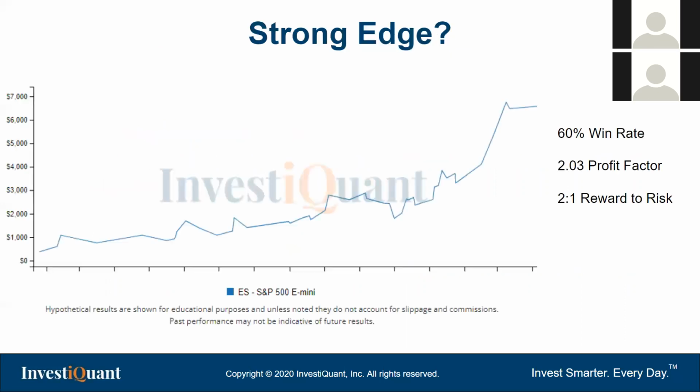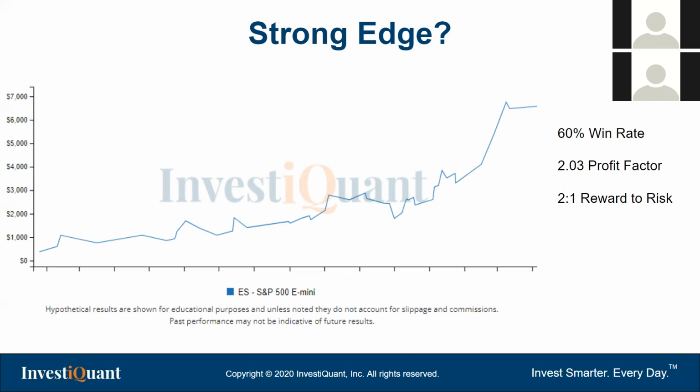All right, so let's take a quick look here at an example and tell me, do you think this is a strong edge? So this is a strategy for the S&P 500, trades the ES. It's got a 60% win rate, a profit factor, which is a measure of profitability, of 2.03.